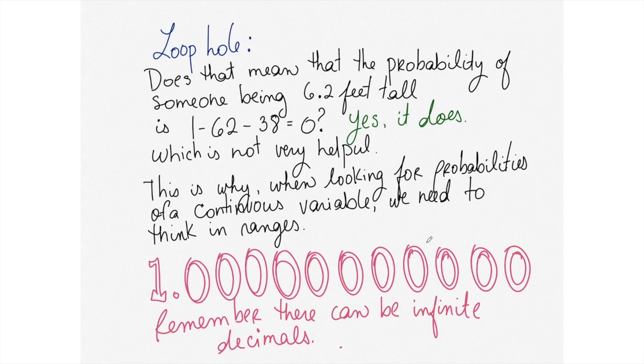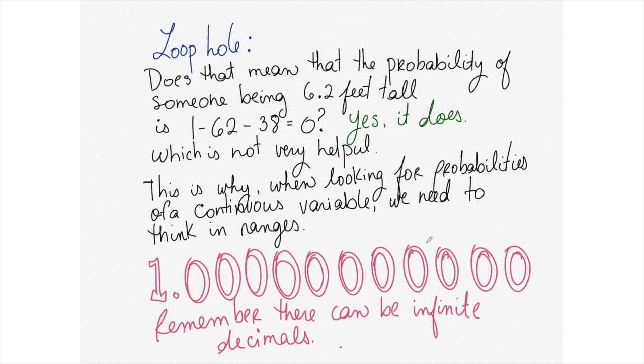So the probability is very close to 0, if not 0. That's why when we look for probabilities of an observation having a certain value, when it's a quantitative value, we work in ranges.